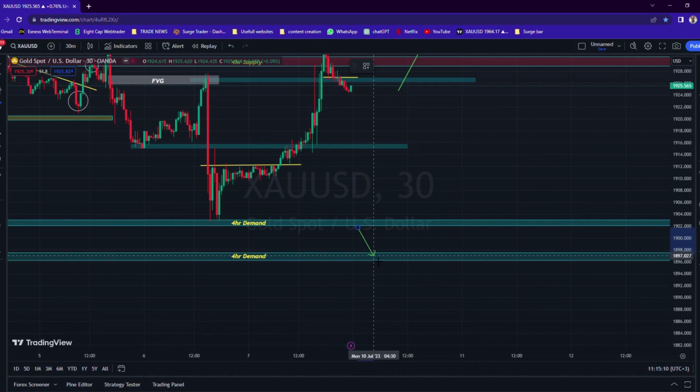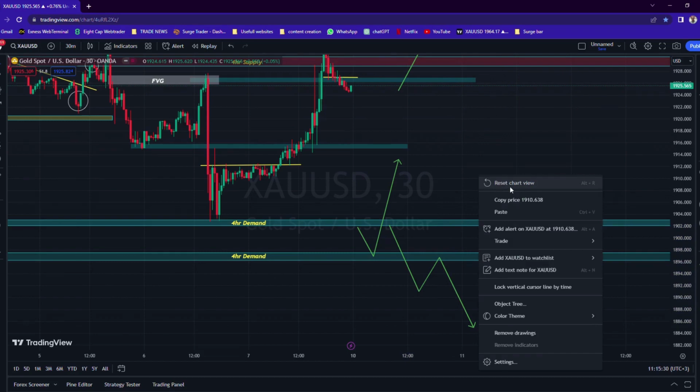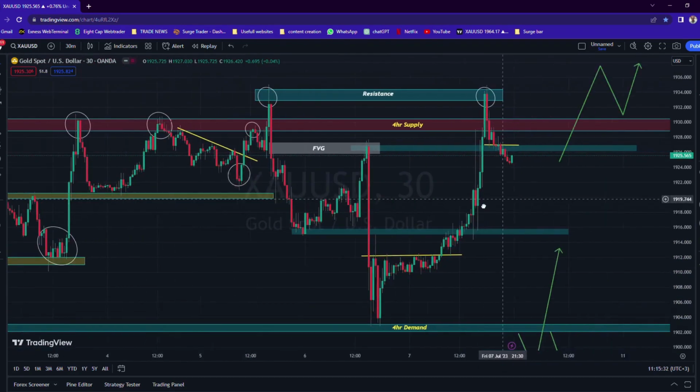So you might expect another move from this zone to that other 4-hour demand zone, and then it goes back up. Again, you might see a break through all these two zones, and if it makes a resistance right here on 1896, you will see a big move to the downside. So that's what we are expecting in the following week.